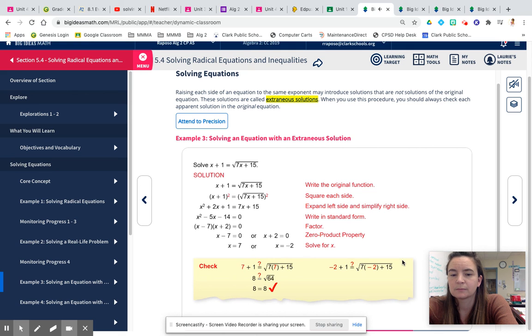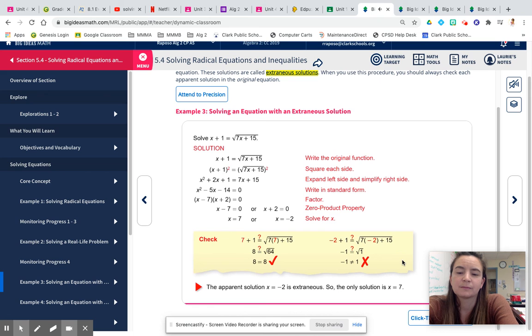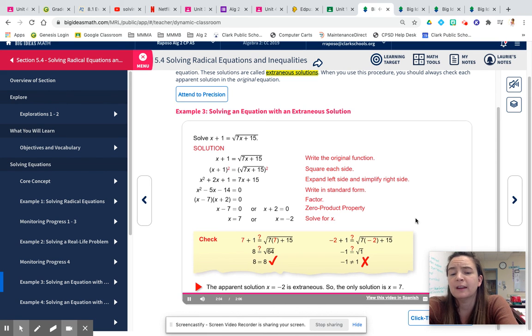This equation is equal to negative 1 equals the square root of 1, which simplifies to negative 1 is not equal to 1. So, x equals negative 2 is an extraneous solution. The apparent solution, x equals negative 2, is extraneous. So, the only solution is x equals 7. And so, you would just reject that answer and you would keep the answer that is correct.